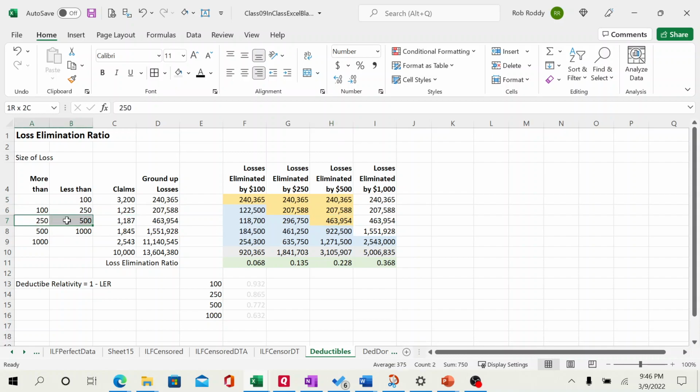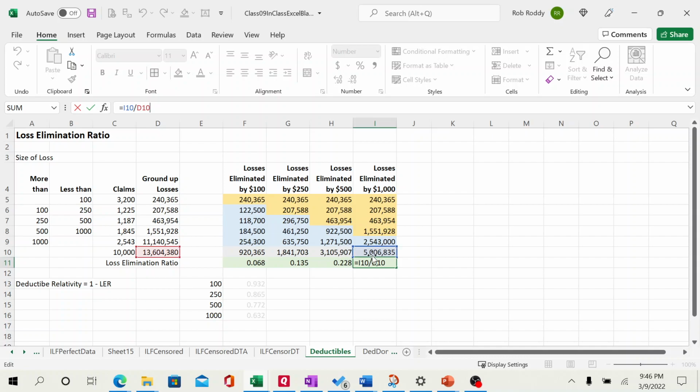You take the full amount of losses up to the top of the layer, and then the portion of the losses from any losses that penetrate the layer, and the exact same thing for $100,000 or for $1,000. Excuse me. You take everything under the layer and everything that penetrates the layer. You get your totals, and then you divide by your ground up losses again to get your loss elimination ratio.